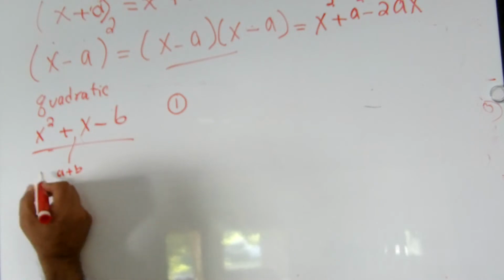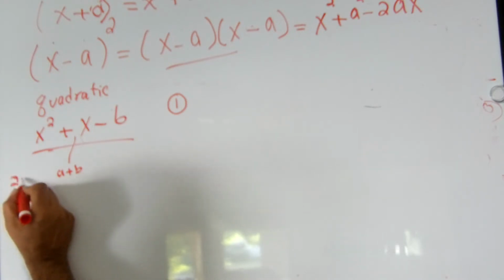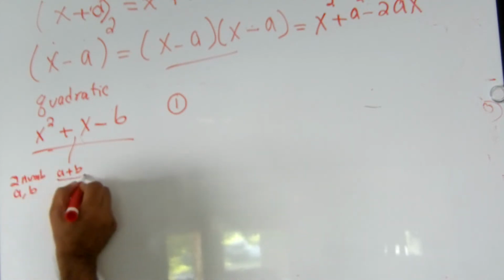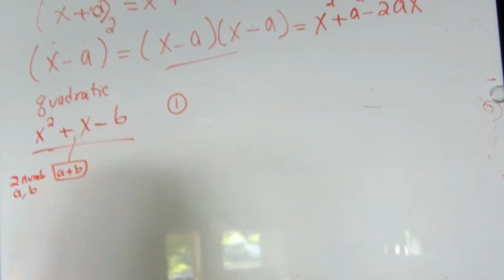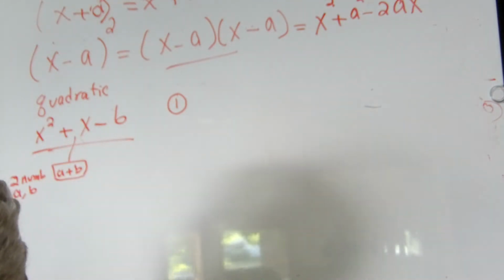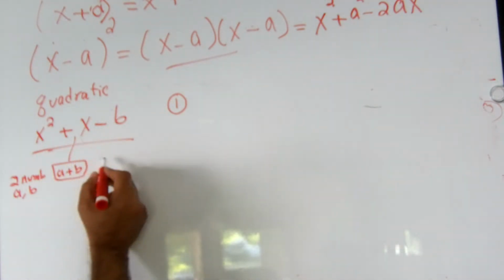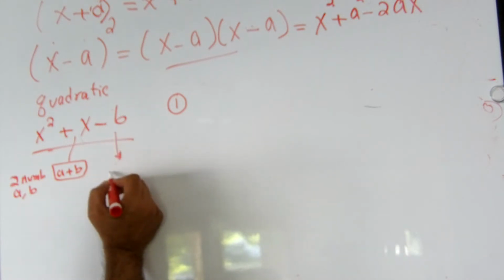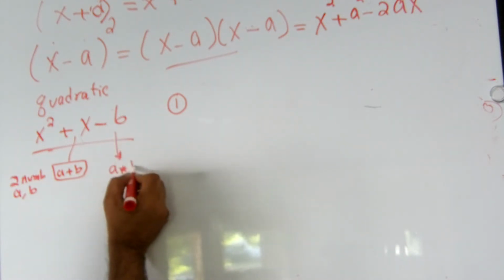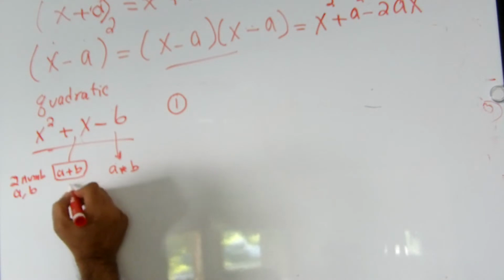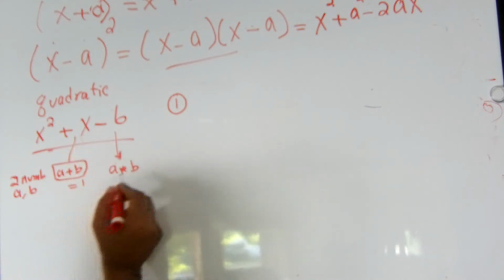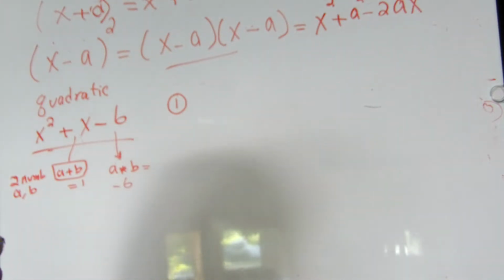There are two numbers, A and B. If we add them, we get the coefficient of x, and if we multiply them, we get the constant term. So A plus B is equal to 1, and A times B is equal to minus 6, okay?